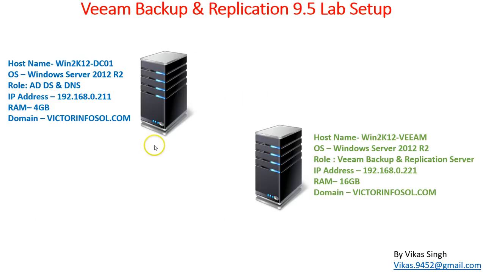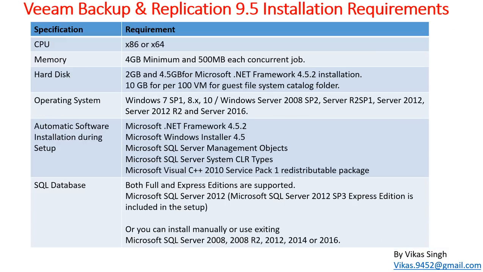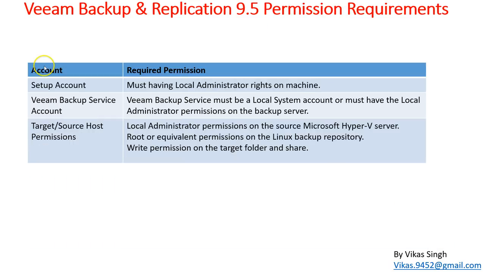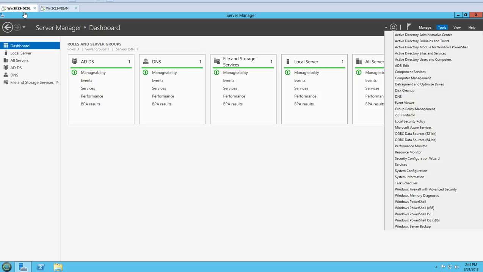Now I'm going to run the installation step by step. Before we install, we have completed the prerequisite installation requirements, so we have everything in place. The next task is to set up an account. I'm going to create one service account in my Active Directory.